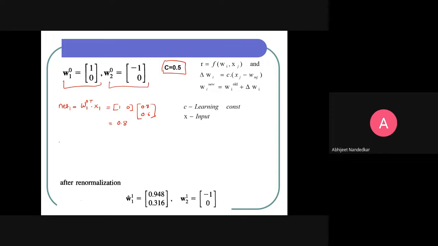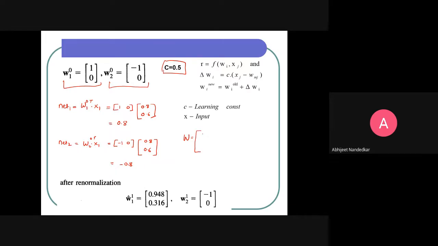Then you can find out net 2, which is W20 transpose dot X1. So this will be -1, 0 multiplied by 0.8 and 0.6. So this will be -0.8. Now you can do this individually, or you can put this into matrix form. That is, you can write the complete weights of your circuit in one matrix.